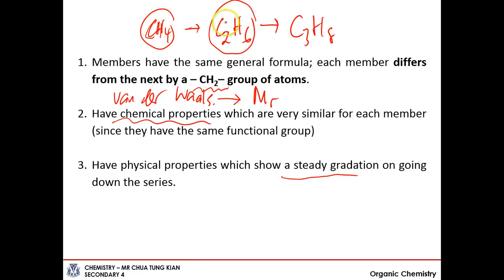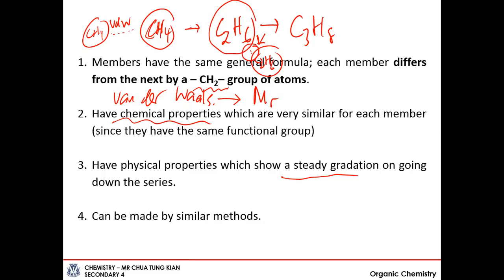So as my Mr increases, as I add one carbon, and it comes together with H2, so as I add one CH2, the Mr increases, and as a result, the strength of the van der Waals forces between the methane molecules increases. So this is the van der Waals force between methane, and this is the van der Waals force between ethane. So the strength of this van der Waals force increases. So as a result, I need more energy to overcome these forces, which means that the melting and boiling point will increase as well.